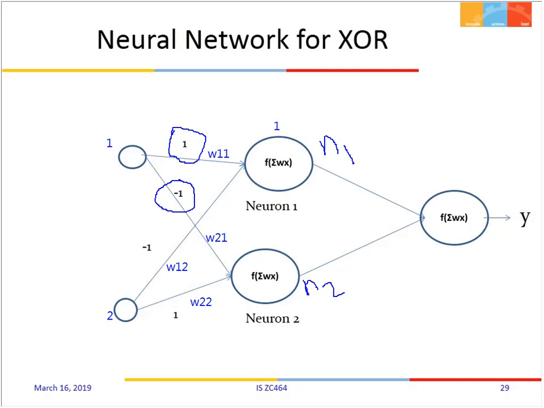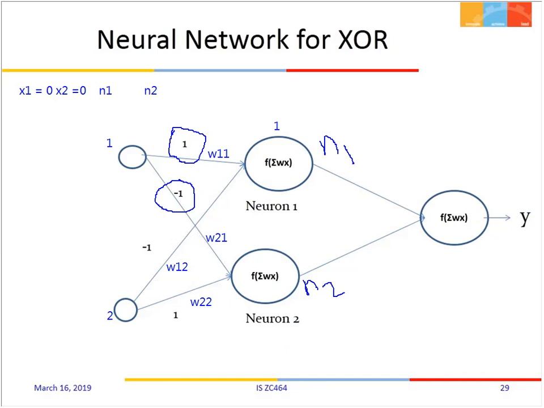What is contributing to the processing level's neuron 1? It is the first input x1 and the second input x2 through their weights w11 and w12. Right? So what is the expression for n1?